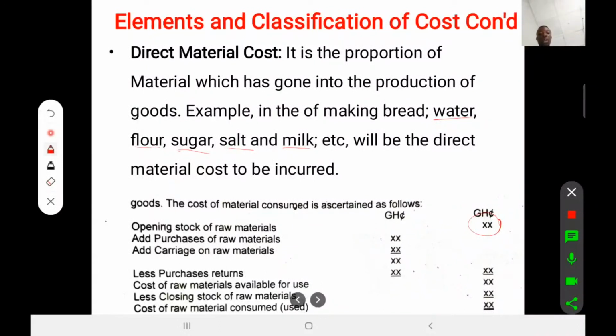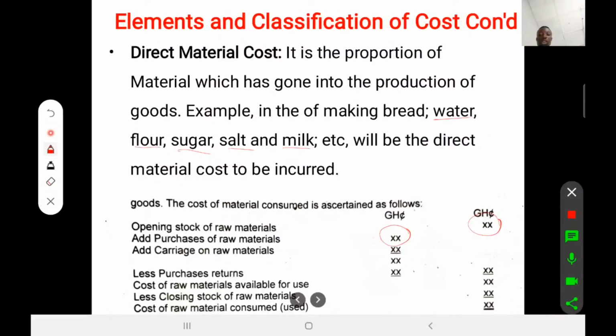So any time you buy any additional raw material, you add it to your opening stock. But before you can even add it, you need to check whether there was any carriage. I think I defined these in the correction, when we were discussing the effect of errors on the profit. They have the same relation, just that here it is manufacturing, that's why we have the name change, but it follows the same format.